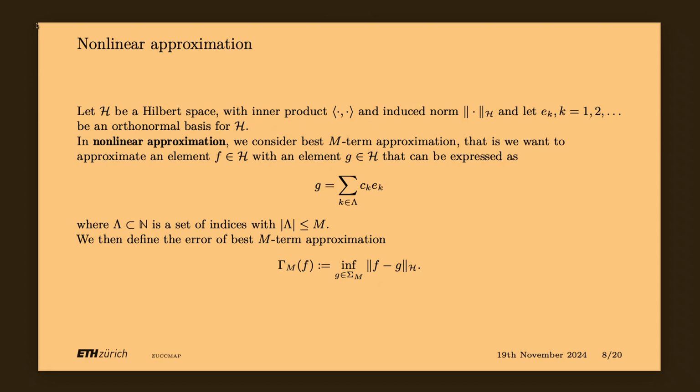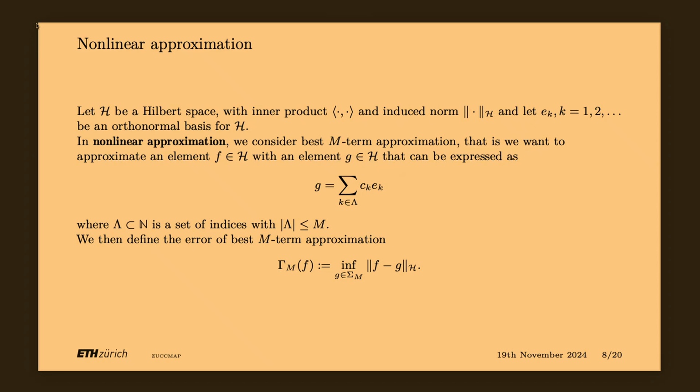You allow yourself to take the best one: you can choose freely among all the elements in your basis. You fix the best linear approximation that uses at most 10 elements, and you call that your approximator. In most cases, this will realize an error, because probably your elements will not lie in the same subspace of dimension 10. You measure this error and you call it gamma m of f.